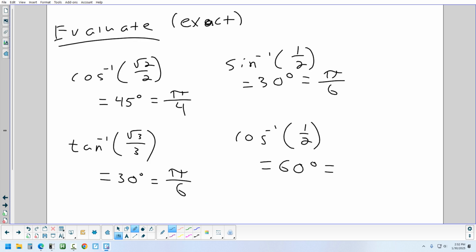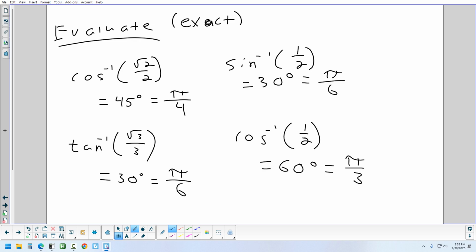And what would 60 degrees be in radians? Yep, pi over 3. If you were to try to do that in radians right away, inverse cosine of 1/2, you would get a decimal. But that's not going to be what I'm looking for.